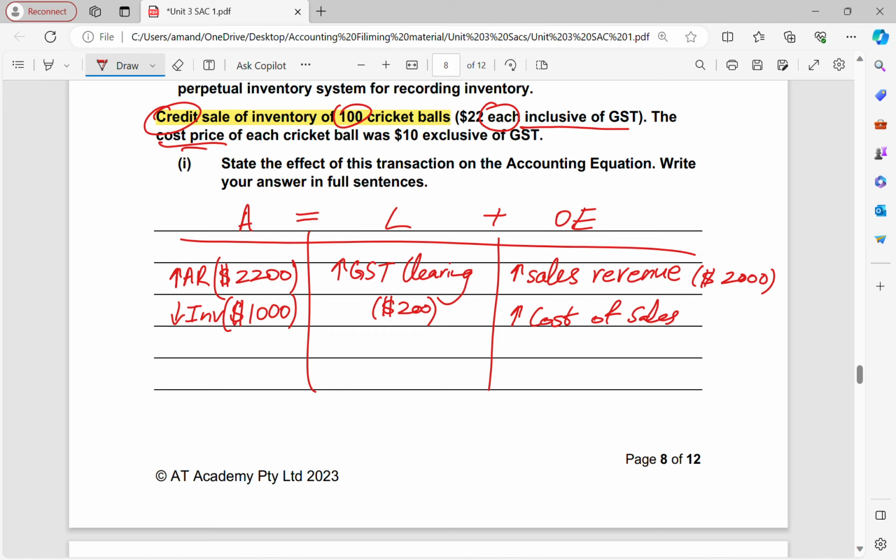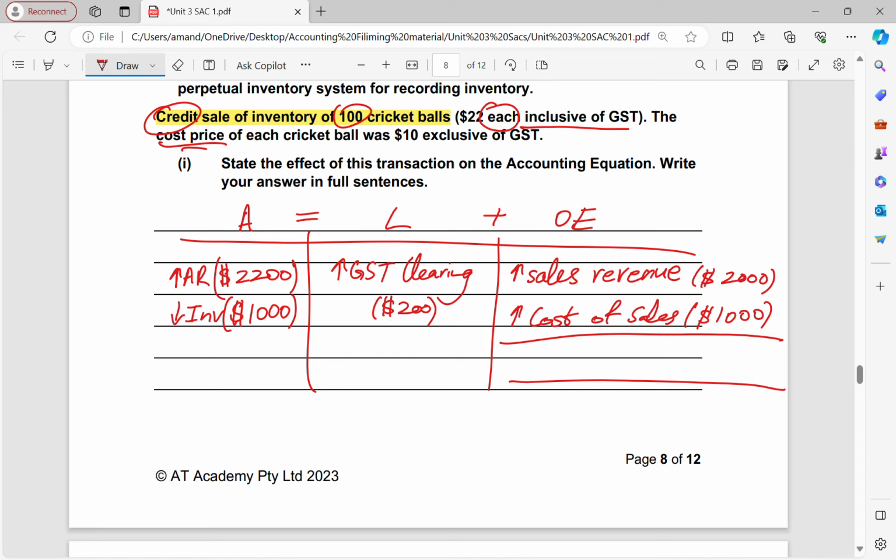Cost of sales is an expense which increases because the cost of the sales was $1,000, same as the inventory, because the cost of having these sales is we've lost the inventory, right? So that is 1,000 again.